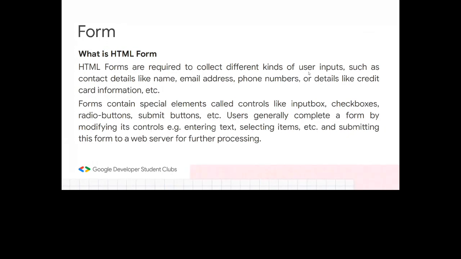It also contains checkbox type inputs, some buttons, and some selecting items. Forms contain a lot more elements, and each element has its own attributes. Let's learn about them in detail.